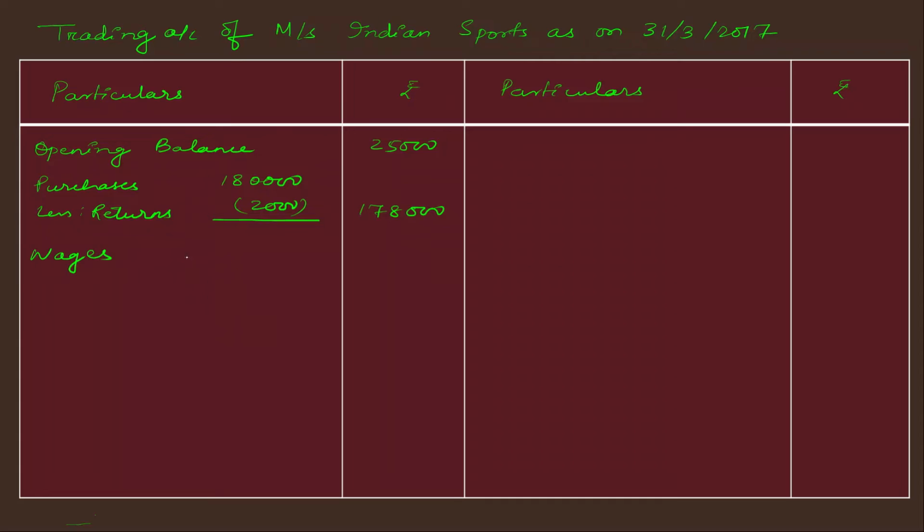Wages you have 10,000. Freight you have 4,000. Sales you have 2,76,000.